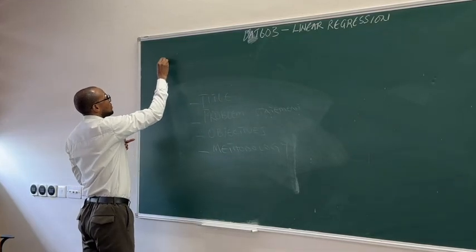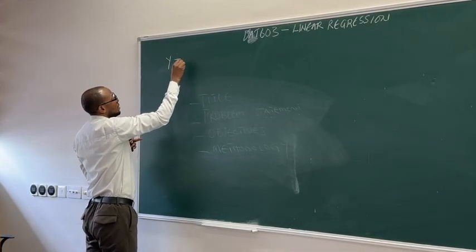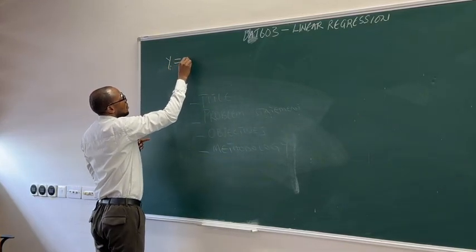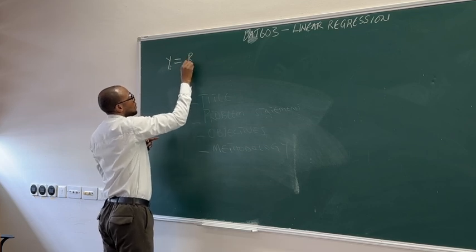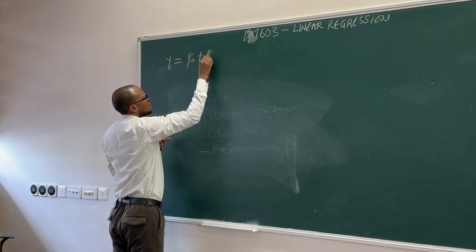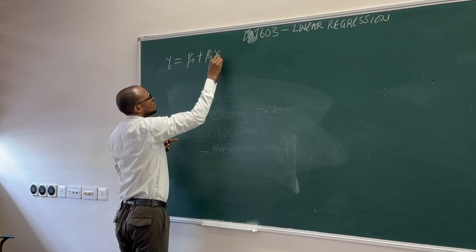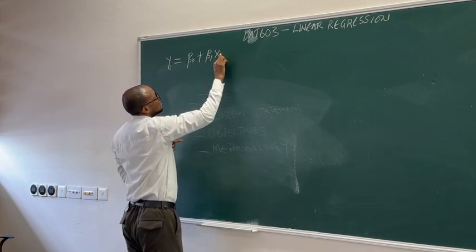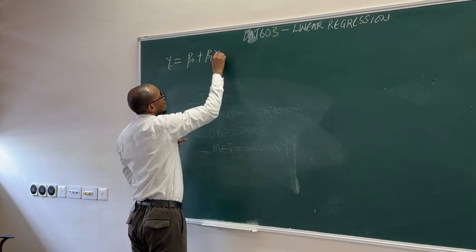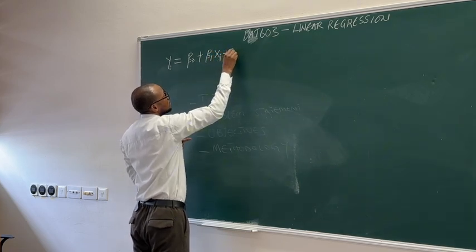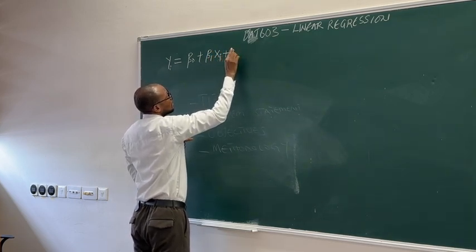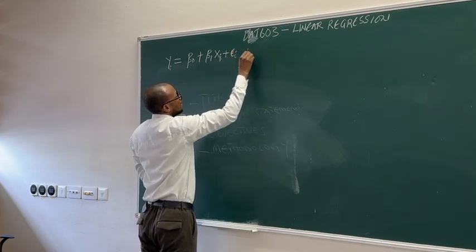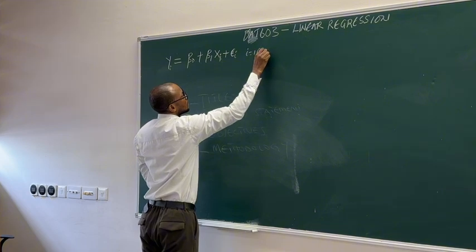The general form for the simple linear regression model is y equals beta naught plus beta 1 x i plus epsilon i, okay?